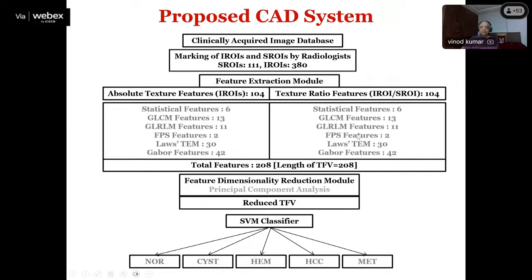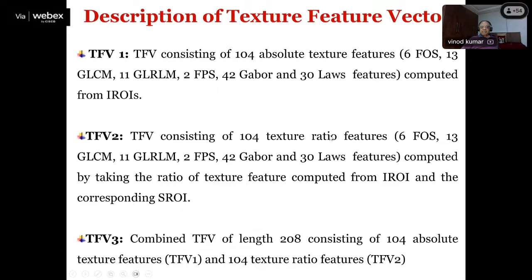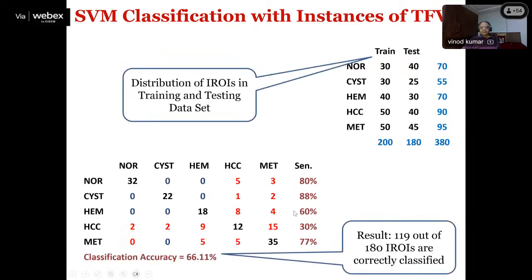Third study by using both. So the first study was using 104 absolute texture features. Second study by using 104 texture ratio features. And third, combined texture features, that is 208 features. The results we got, the SVM classification result.